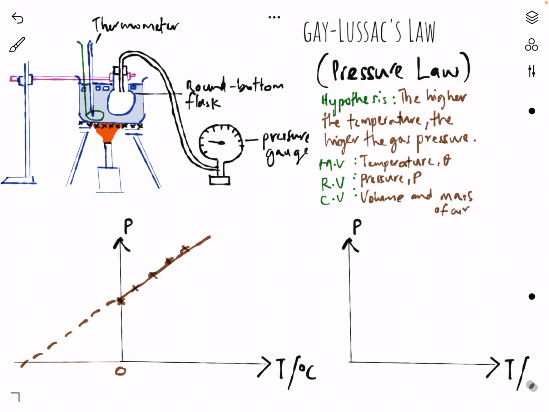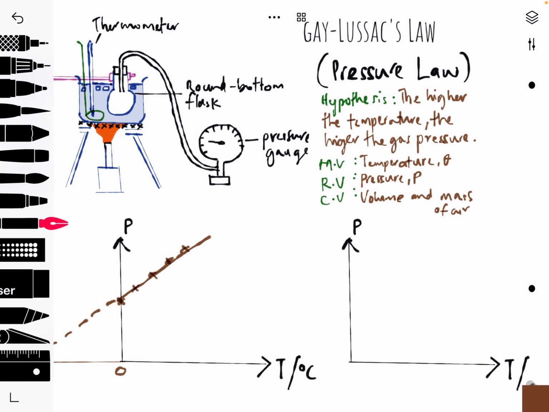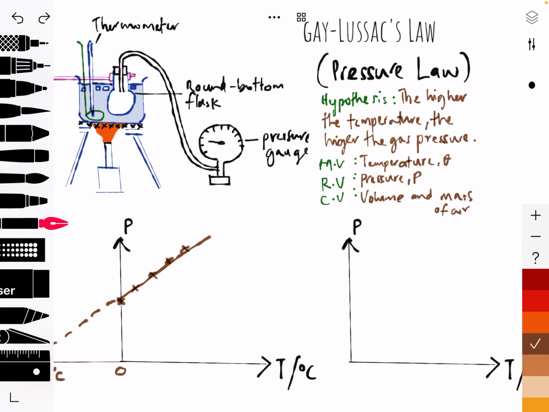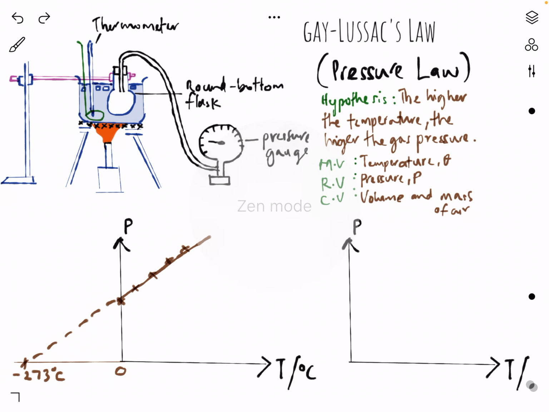Now in the actual experiment, the intersection there happens at negative 273 degrees Celsius. So what we do is we can shift this axis backwards, so it's going to be something like this. This is the P-axis.